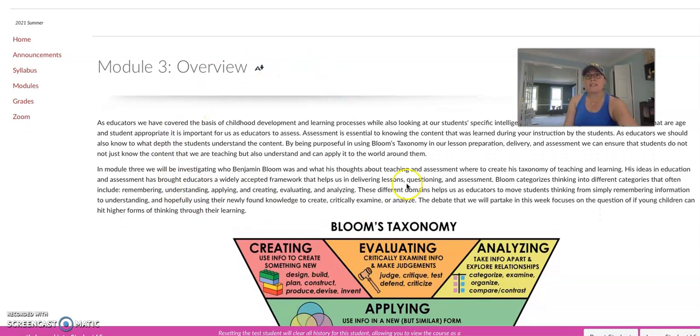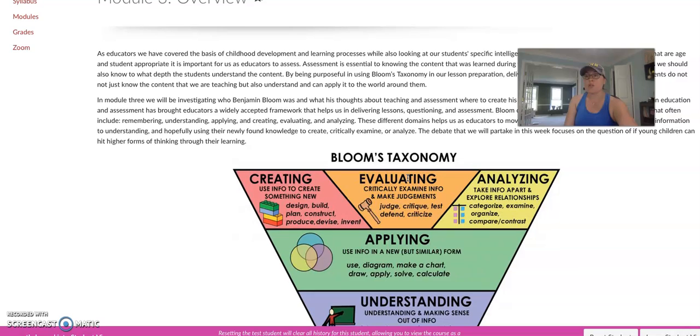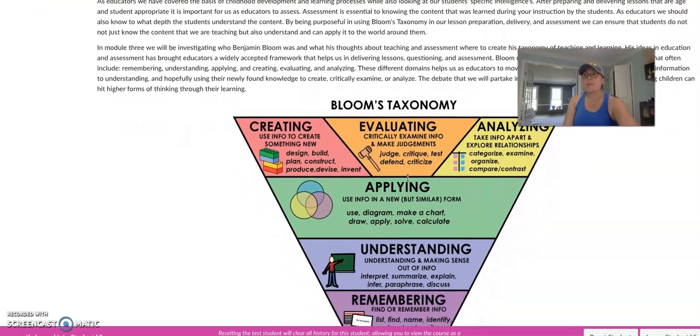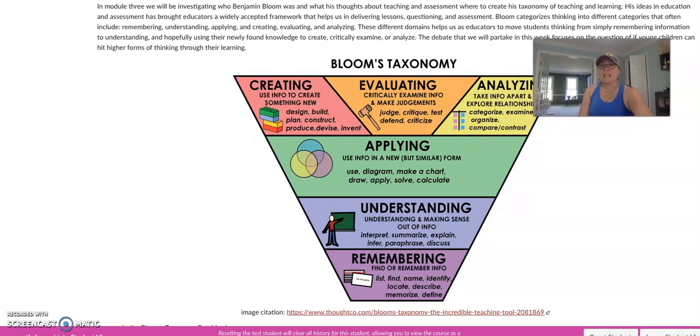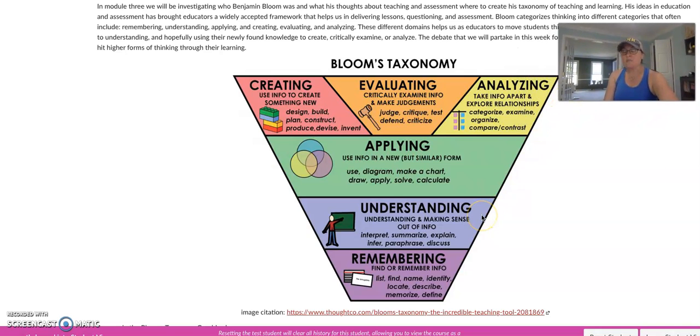You can read this. There's no reason for me to read that for you. And then you can see a visual, because some of us are visual learners, as we have talked about in the past. You can see Bloom's taxonomy in a visual way here. Most of the time, it's easiest for us to stick to remembering and understanding, and that is how we are going to teach.